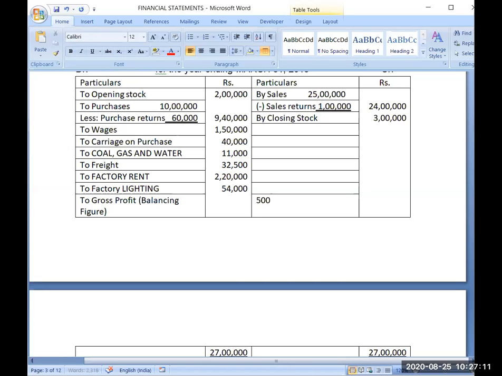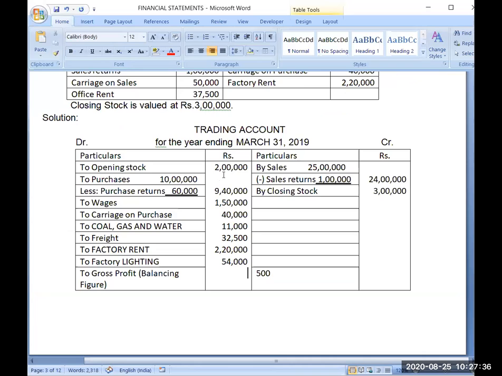So I will write here 5. So if I write 5 and 5 here in the gross profit, then it will come 0. Now 5 plus 5 becomes 10. So 0 will be here and 1 will be carried on.